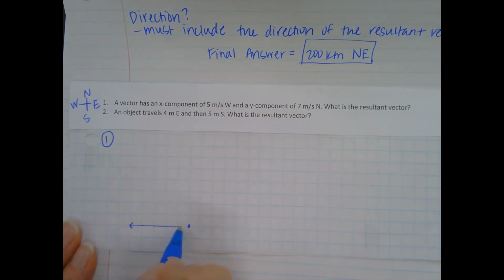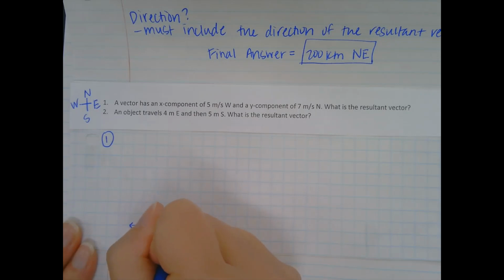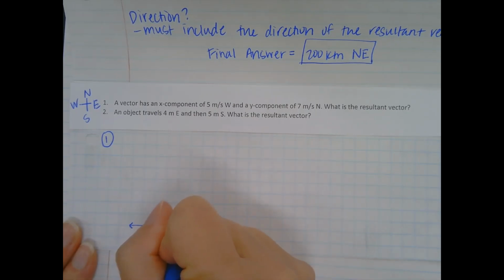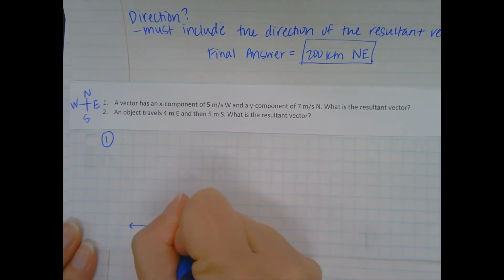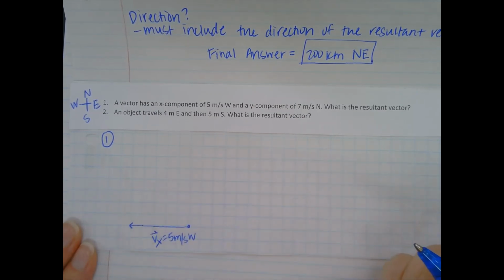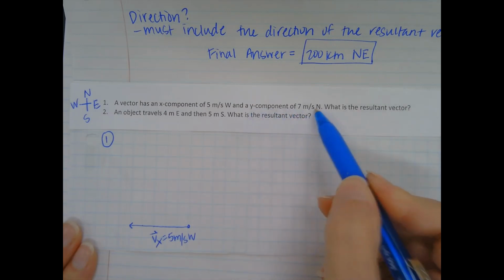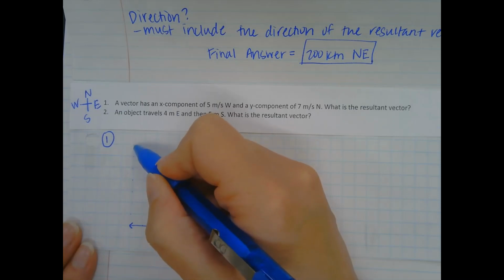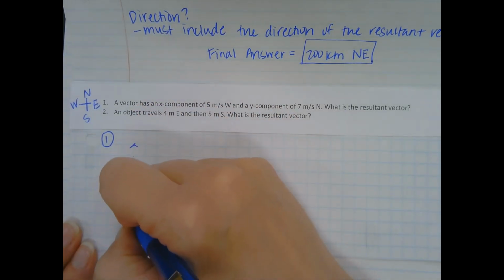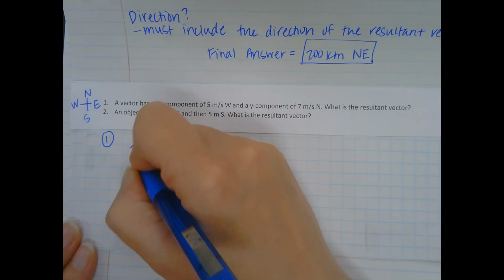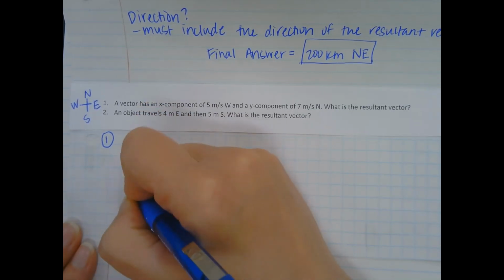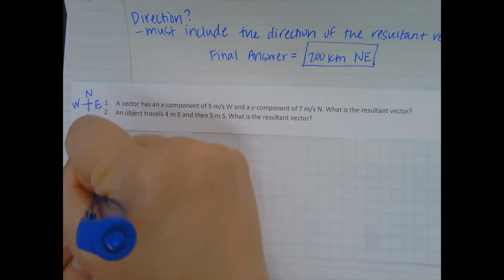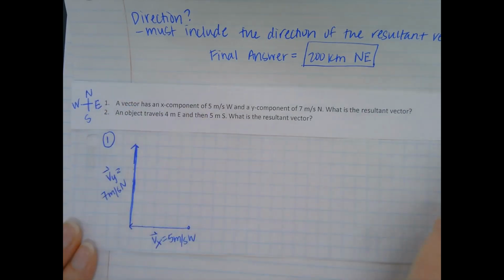This is my velocity vector in my x direction, which is 5 meters per second west. And then I have a y component of 7 meters per second north. So 1, 2, 3, 4, 5, 6, 7 north. Here we go. So this is my velocity component in the y direction, 7 meters per second north.